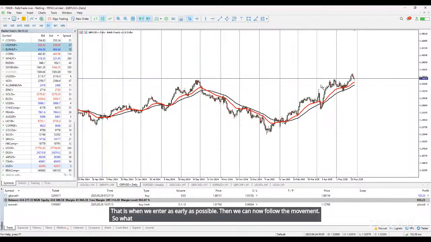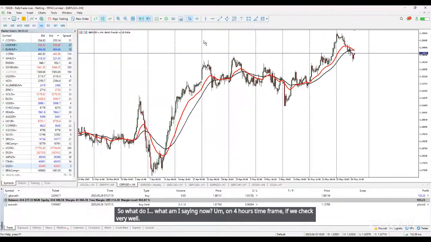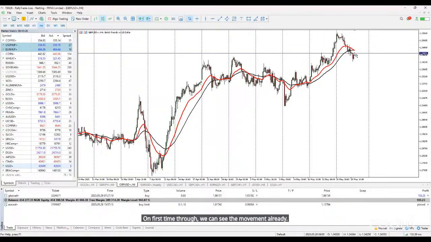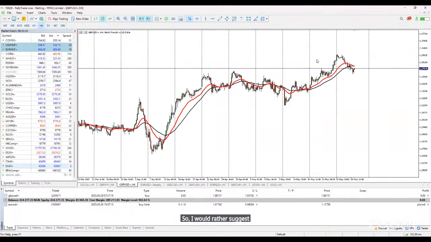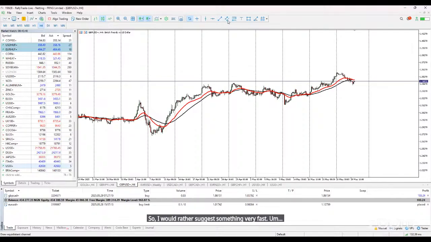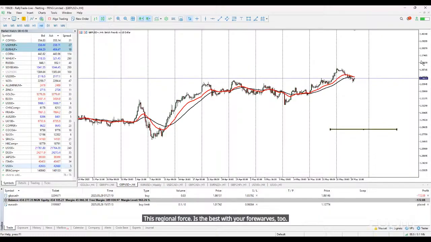So what am I saying now? On the 4 hours time frame, if we check very well, we can see the movement already started from here, and we can see how it is moving. So I would rather suggest something very fast. This region on 4 hours is the best region for us to take advantage of the buy.